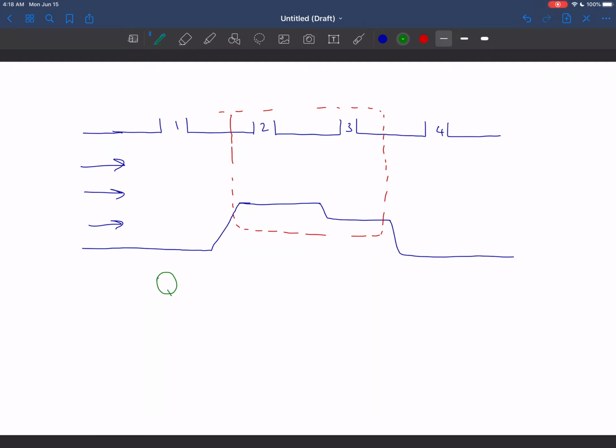So I'm going to say Q2 equals Q3. But what does that mean? It means A2 V2, and I'm just putting a V there to make sure we know it's velocity, equals A3 V3, right? Okay, what does that get me? Now I'm going to look at A2 versus A3 and V2 versus V3.